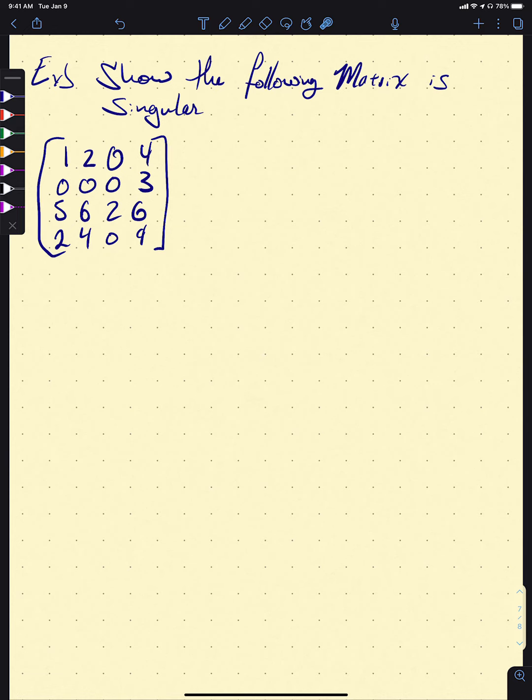Usually it has some sort of distinguished property, but it's not the kind of property that we generally want, right? So in this case, we want matrices to be invertible. Singular matrices are not. And how can we show that a matrix is not invertible? Well, we can simply take its determinant, okay?